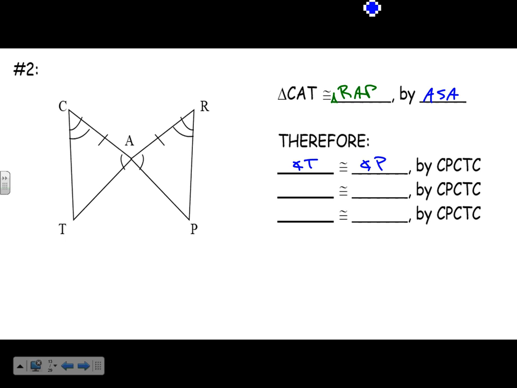I know CT is congruent to segment RP by CPCTC, and TA is congruent to PA by CPCTC. Again, this is really basically one thing that we're just getting a lot of practice with, so it shouldn't be too bad.